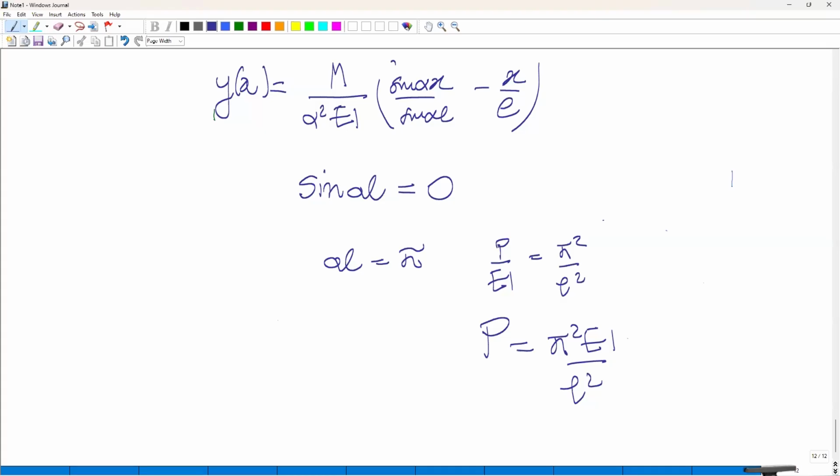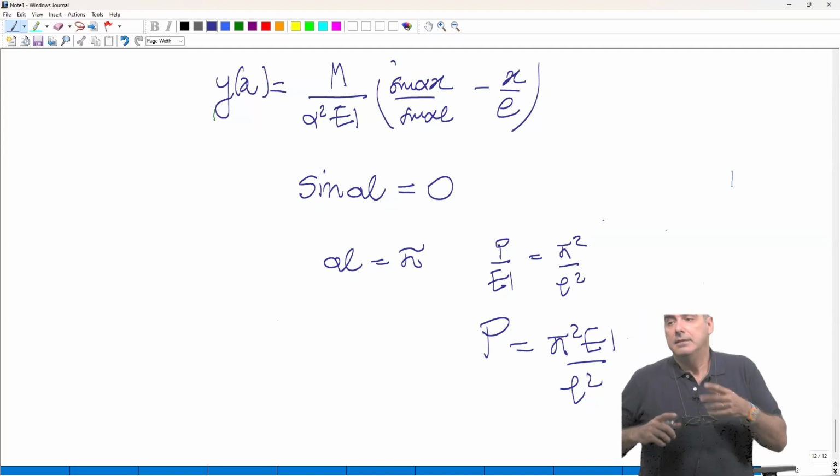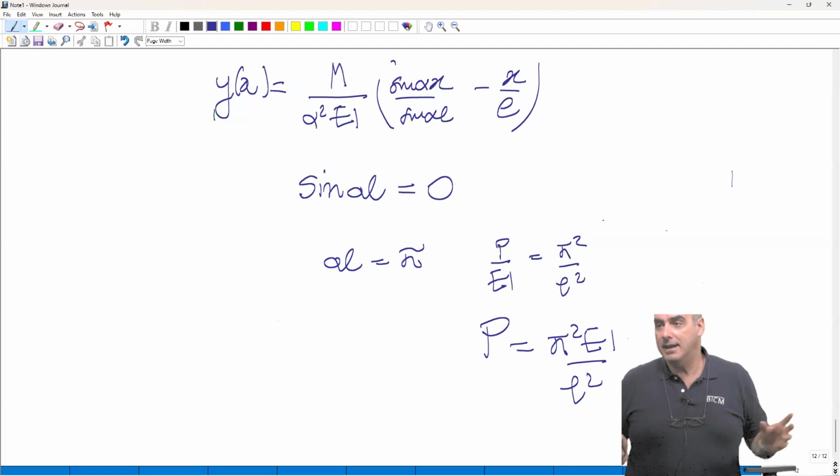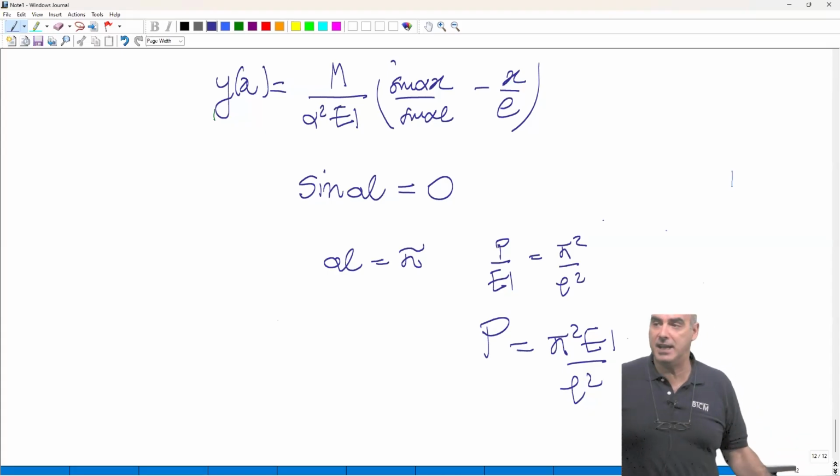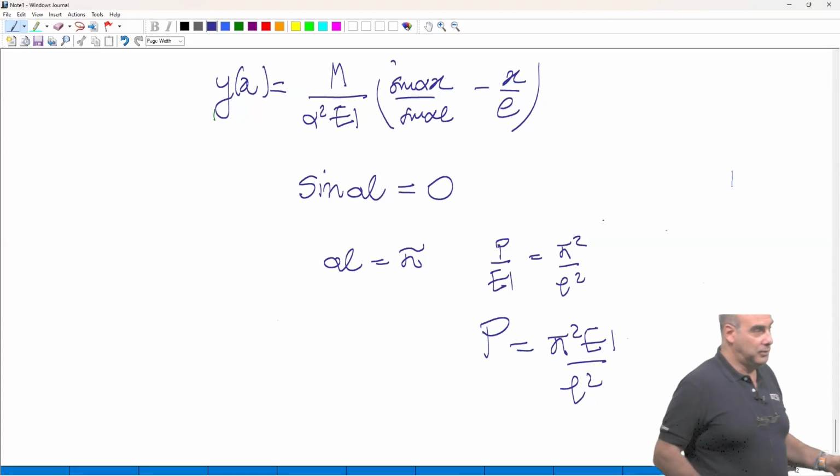In the previous case, we only relied on the flexural stiffness of the column. Now we are relying on the axial stiffness of the cross braces. Axial stiffness is much higher than flexural stiffness. Due to that, we could make a simplification also at the bottom.